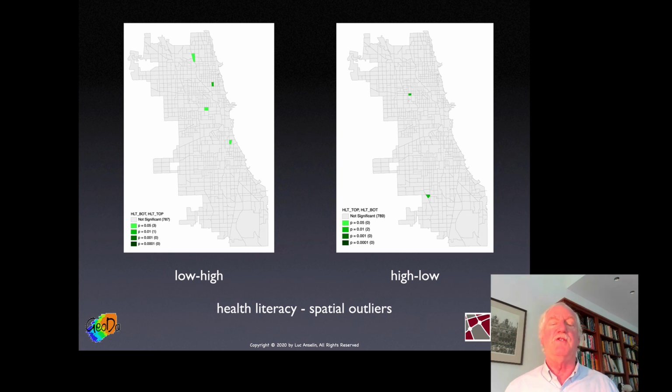But these are places where there is extreme juxtaposition of a top quintile tract surrounded by more bottom quintile tracts than would be the case randomly, or vice versa, a bottom quintile tract surrounded by more top quintile tracts than would be the case under randomness.